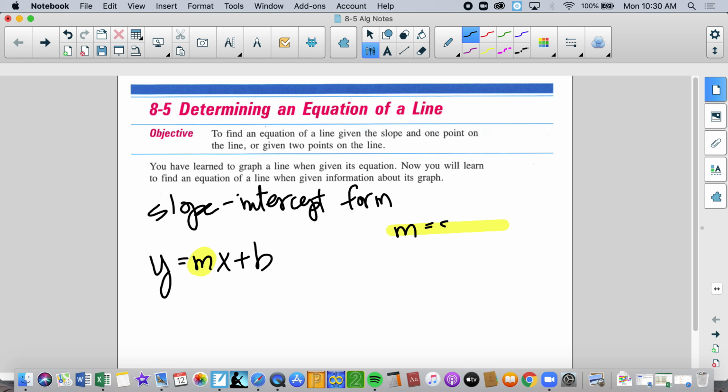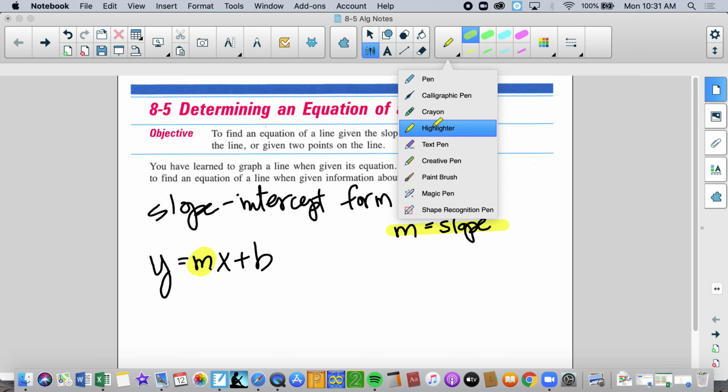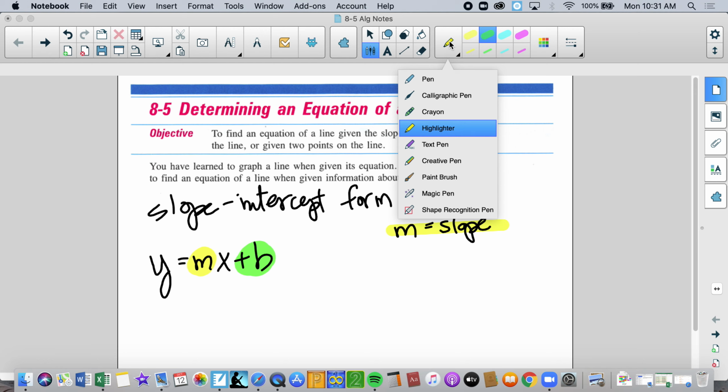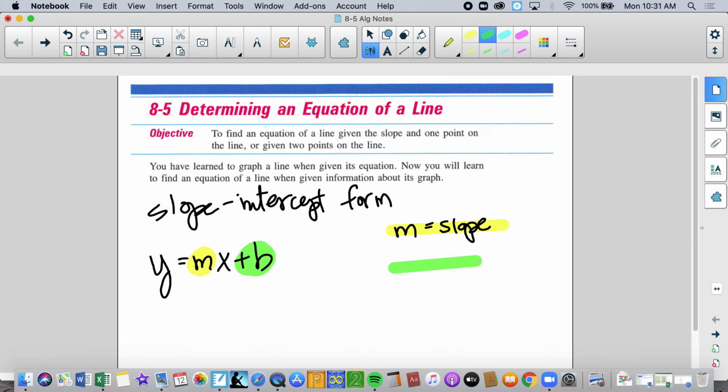M equals the slope, and b represents the y-intercept. When writing slope-intercept form, we have to fill in for those two pieces.